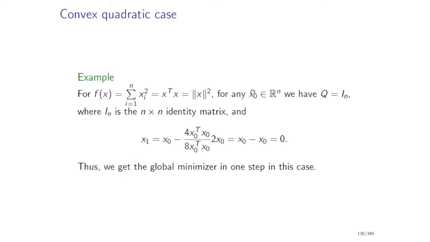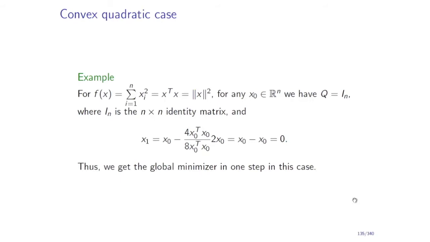Then it doesn't matter which point x0 we start with, by applying this formula we always get 0 after just one iteration, so we get convergence to the global minimizer in just one step. But of course, again, this is a very nicely structured function. The coefficient for each xi squared is 1, okay? So this is what we call a well-conditioned problem.